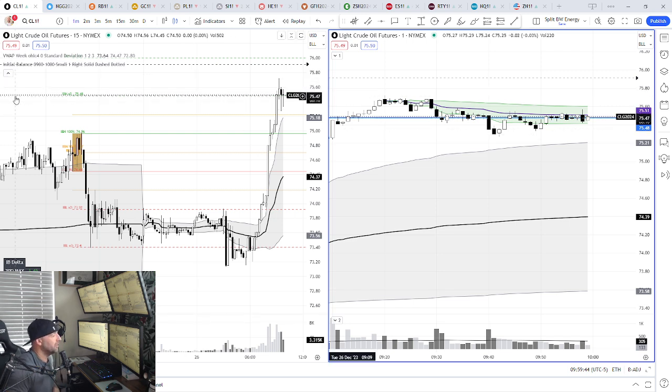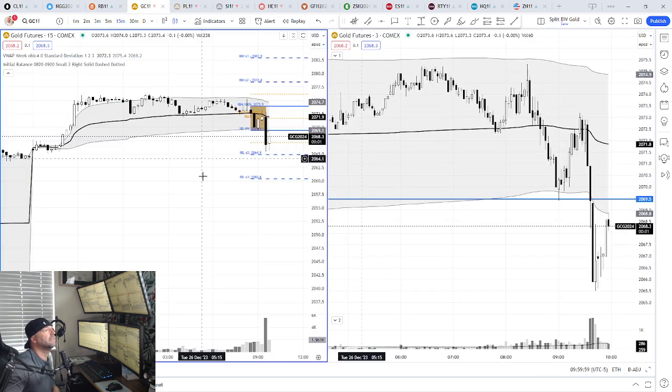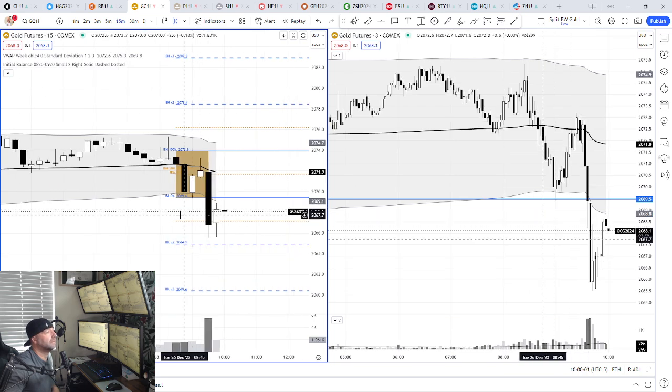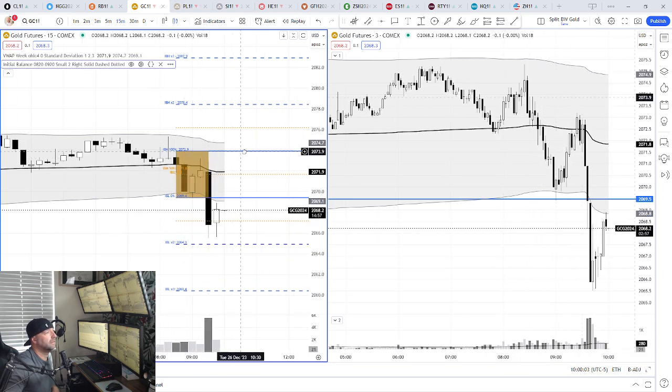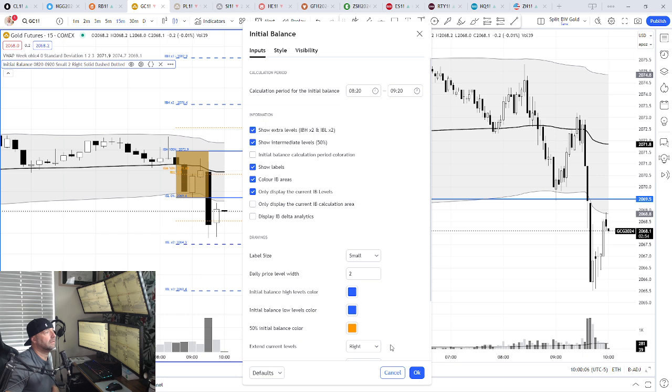Let's see what other opportunities we got. Gold is certainly interesting, isn't it? If we can get back into value here on gold, that would be an interesting long.